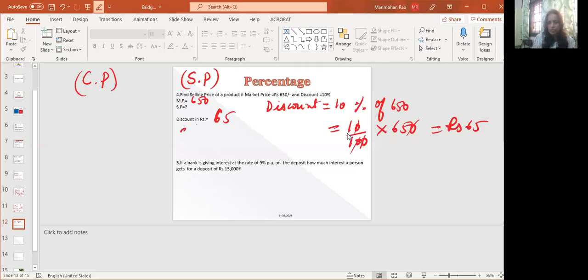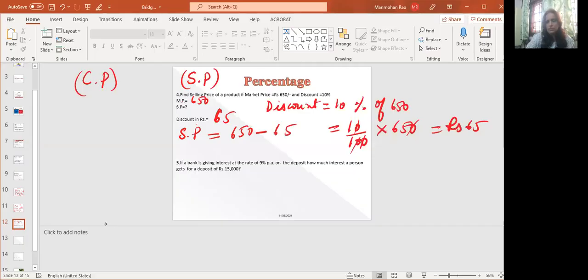Then your selling price or purchasing value or the money you pay, okay, is always equal to the market value minus discount. Whenever it is discount, you always have to deduct.